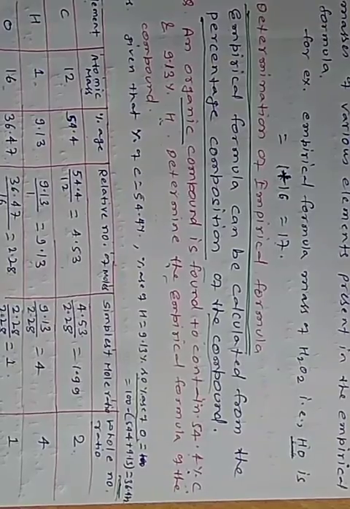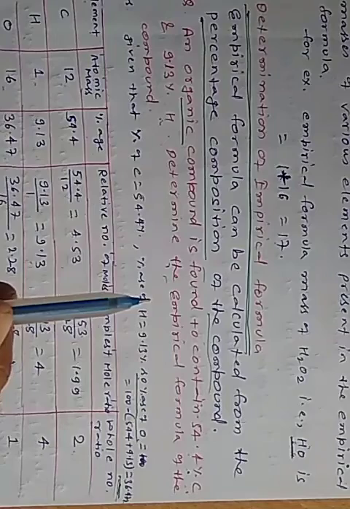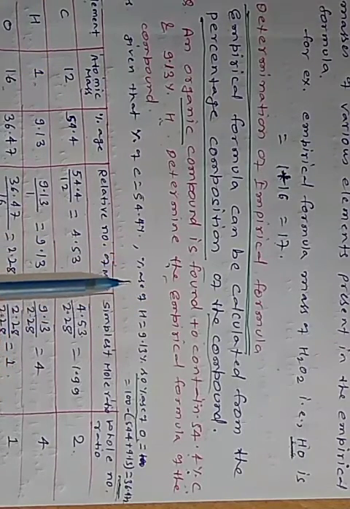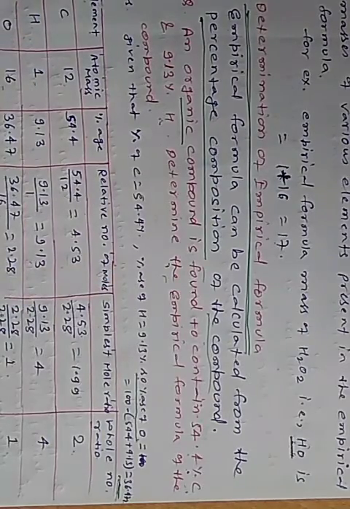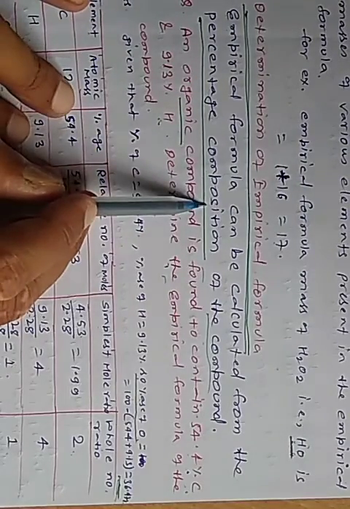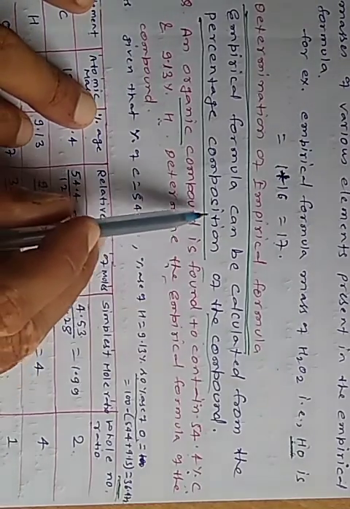If the percentage composition of a compound is given, then we can easily calculate the empirical formula of the compound. So what is the percentage composition? I will come to this topic after explaining the determination of empirical formula.